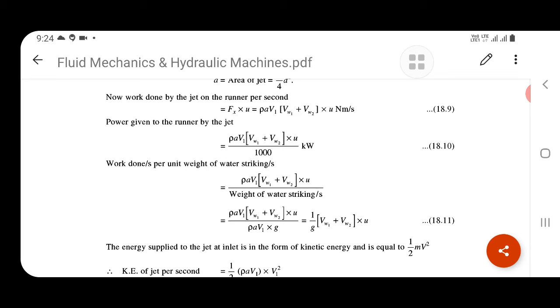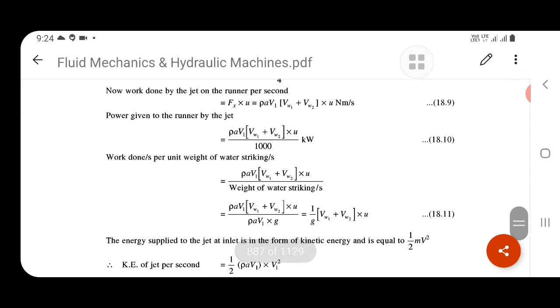Weight is equal to mg, so mass rho a V into g. With the help of that equation, rho a V1 upon rho a V1 g is equal to 1 upon g (VW1 plus VW2) into U. So with the help of that equation, we can see the work done per unit weight.